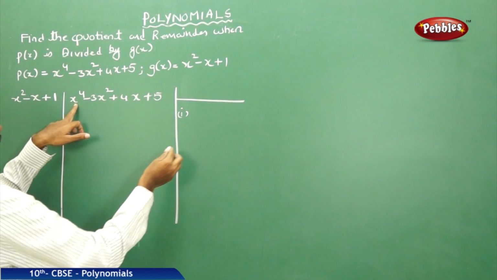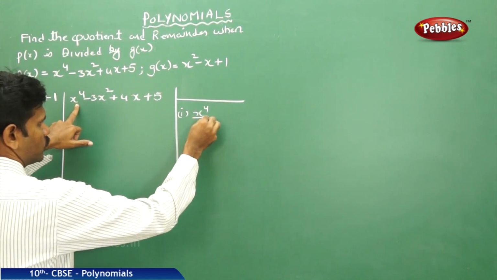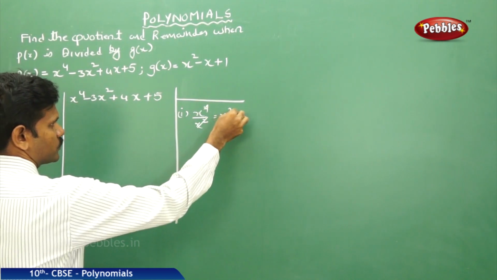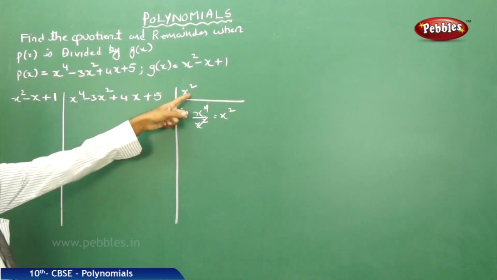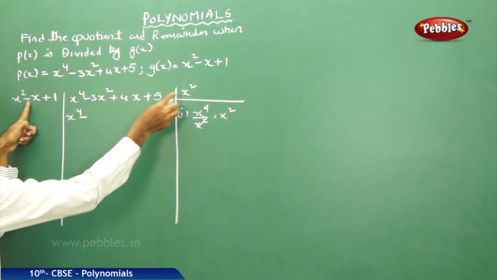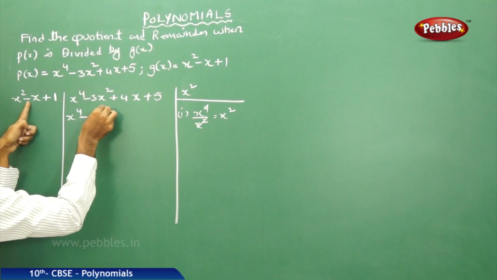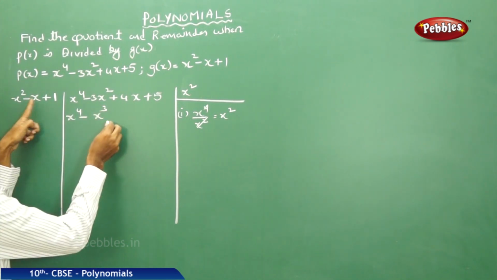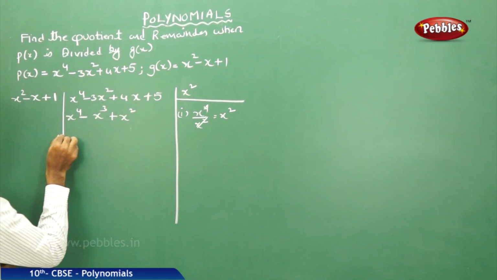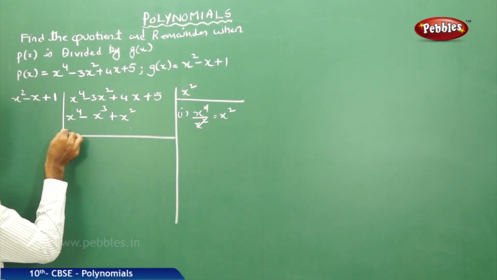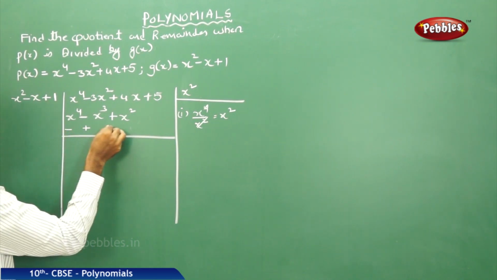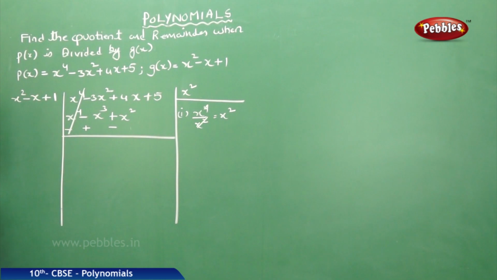The first term of the dividend, x to the power 4, divided by x square, gives you x square. x square into x square, x to the power 4, minus x square into x cube, plus x square into 1, x square. Now the subtraction process is going on. Now change the signs, minus, plus and minus, and both terms are cancelled.